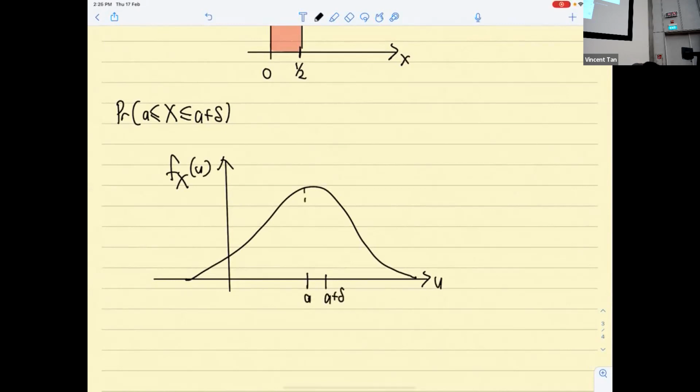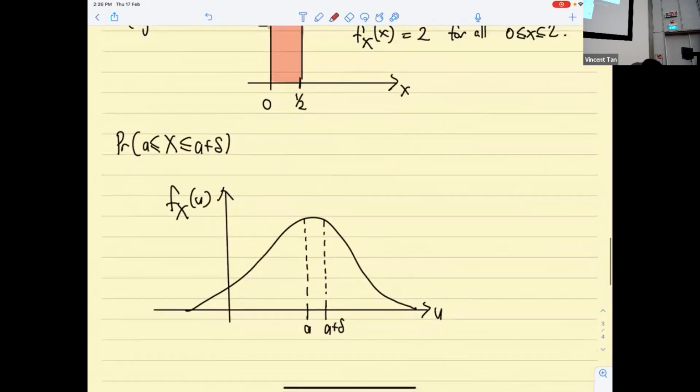By definition, this is the area under this graph from a to a plus delta. So that is the integral from a to a plus delta of f_X of u du. This is an exact equality.